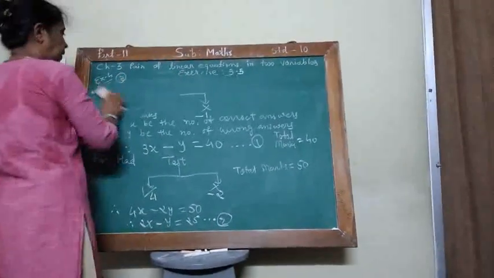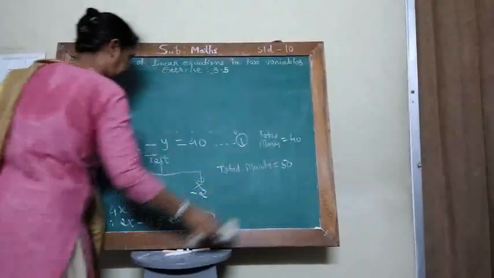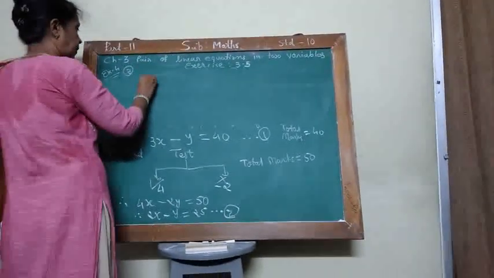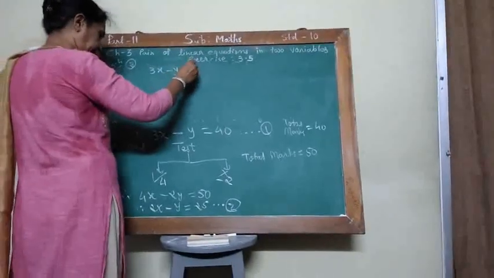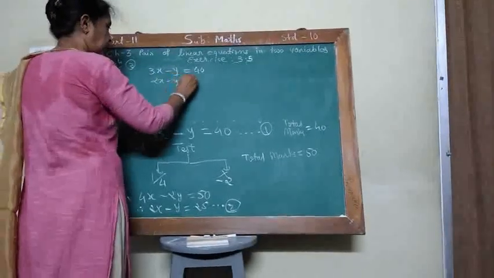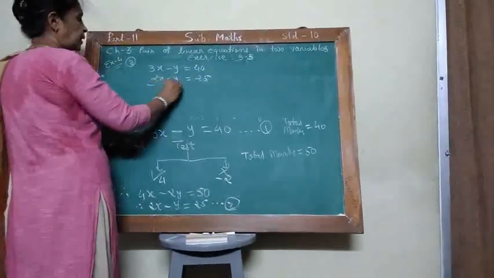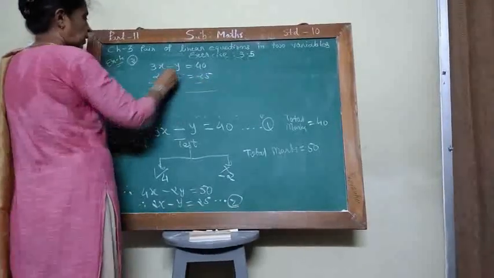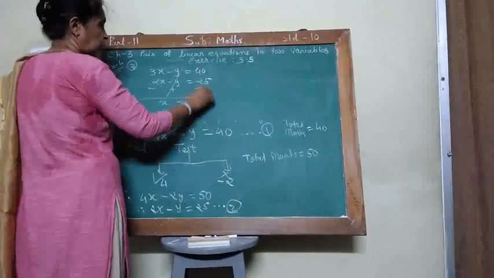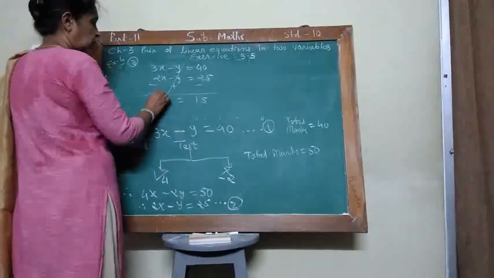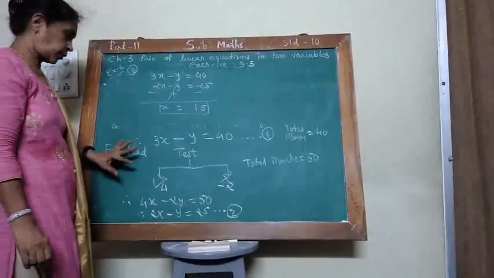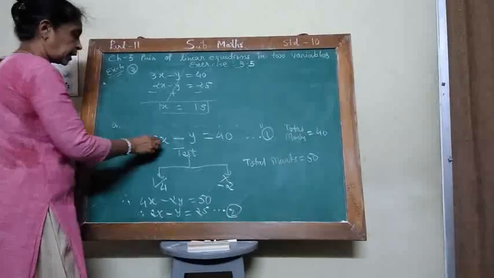Elimination method, because here y is already eliminated. So write: solving equations 1 and 2 by elimination method. Okay, 2x minus y is equal to 25. Now change the sign. y is eliminated, x equals 15. So the number of correct answers is 15 for both.